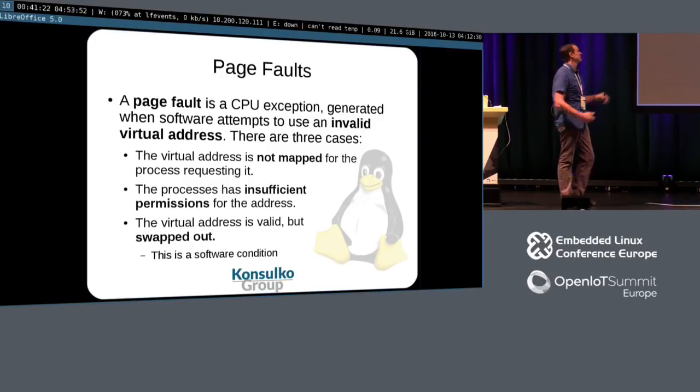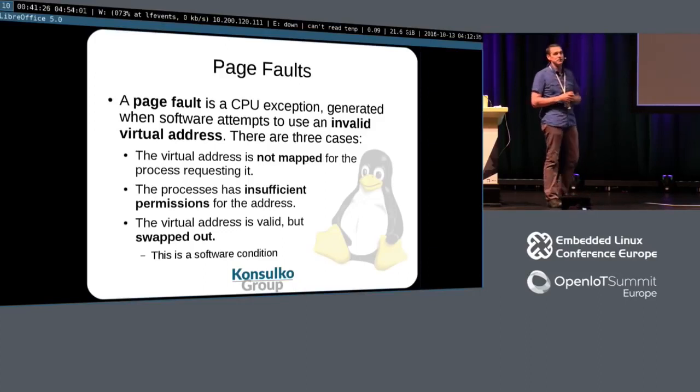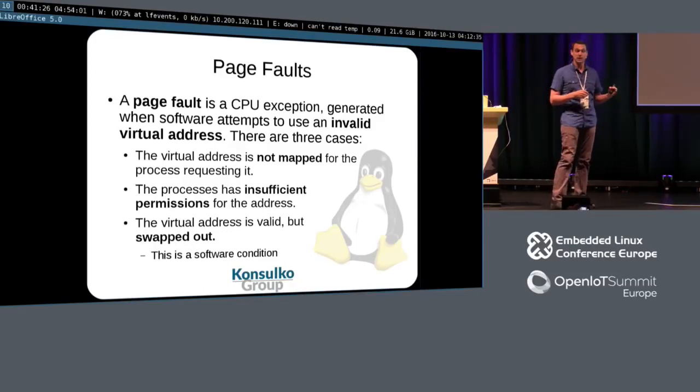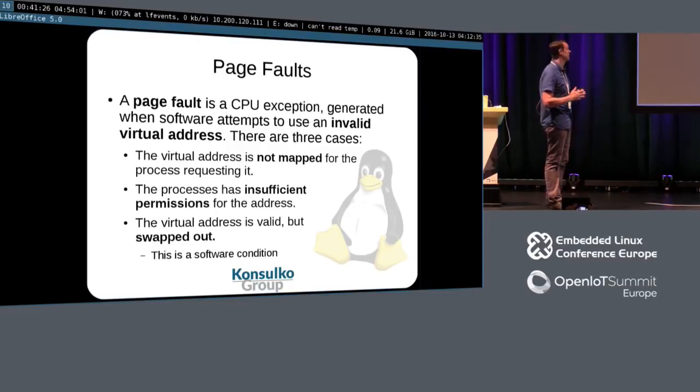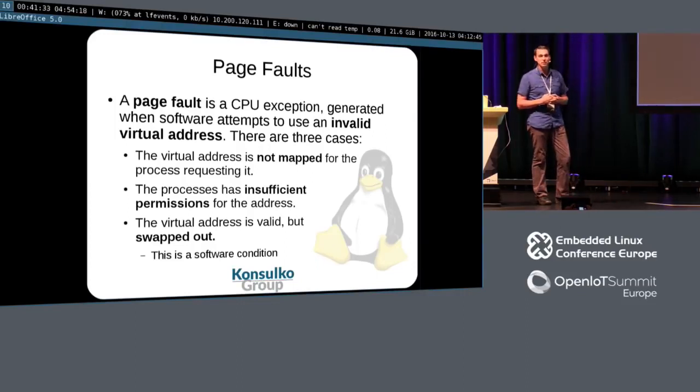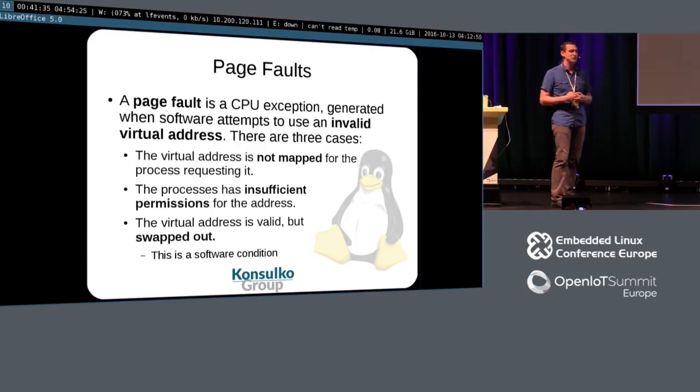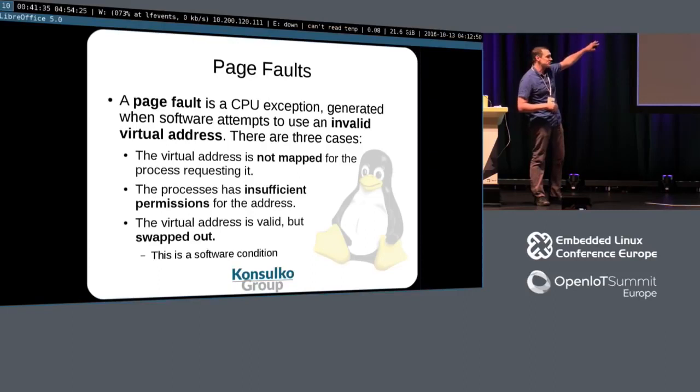So in Linux, a page fault, right? You have a CPU exception generated, okay? And this happens when you access an invalid virtual address. What makes it invalid, right? It's not in the TLB, okay? And you have three cases.